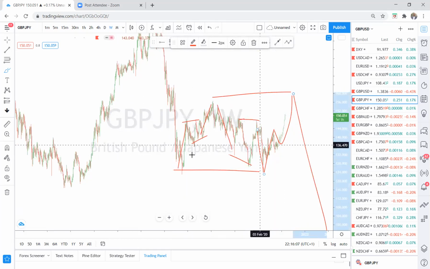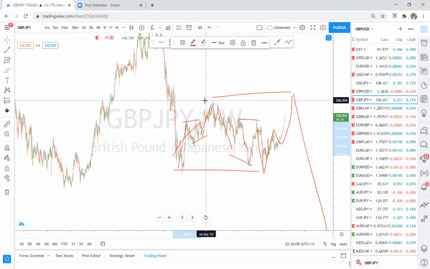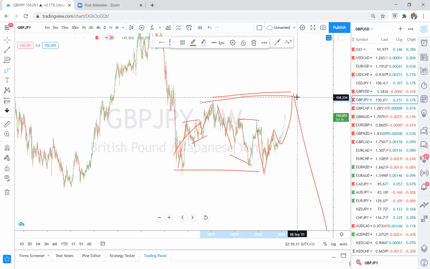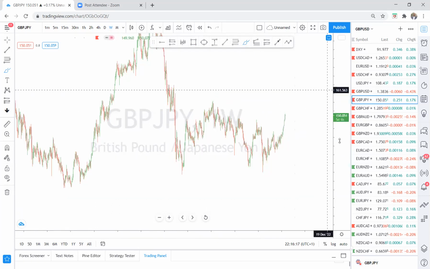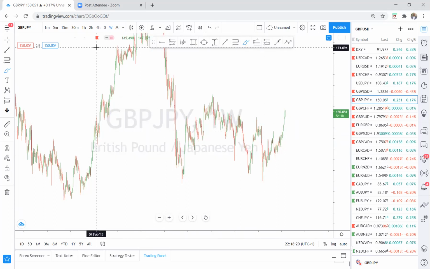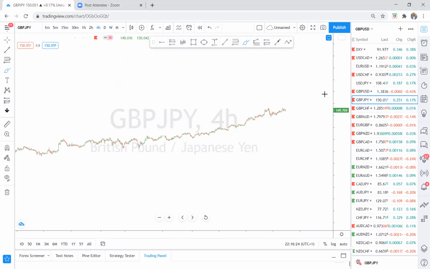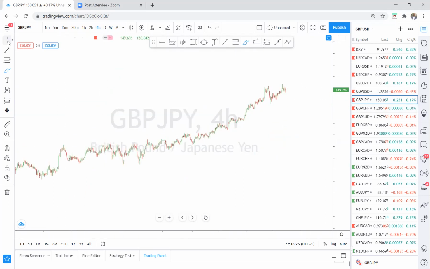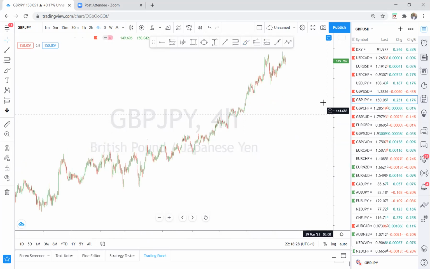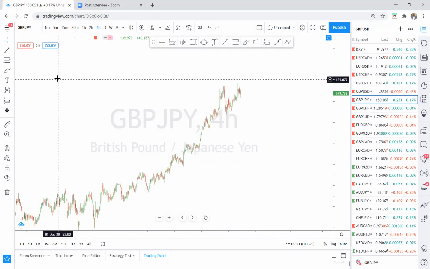If we are expecting that this structure should break this high, it means GBP still has more pips to the upside to do. So if we are still bullish on GBP, then you should expect a bigger corrective structure at this point in time before you can have that desired push to the downside.